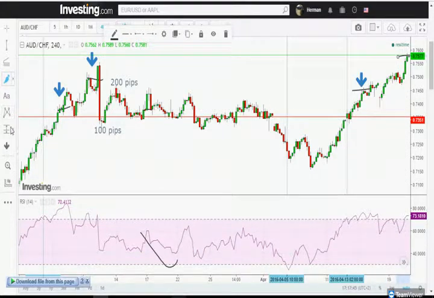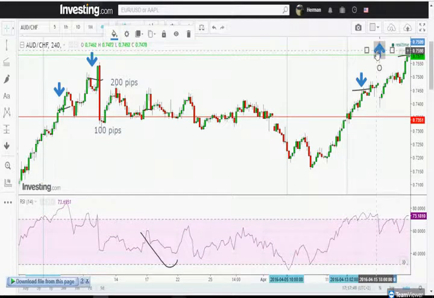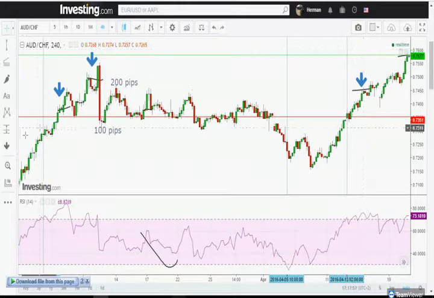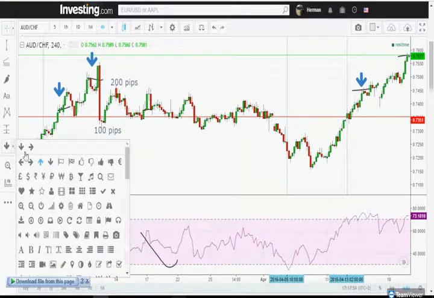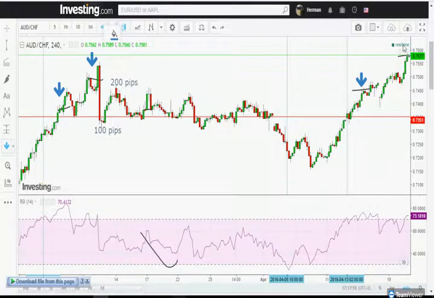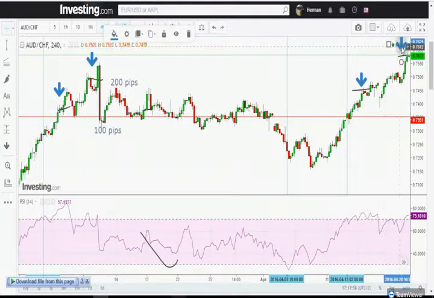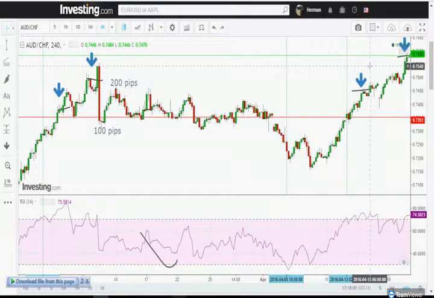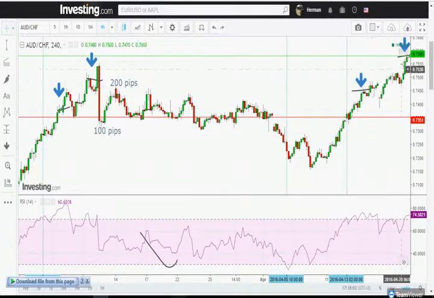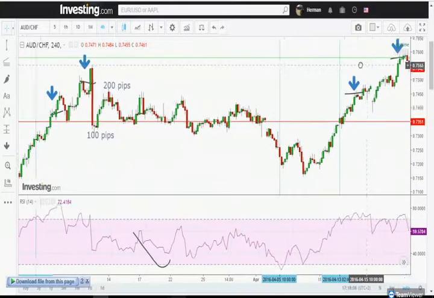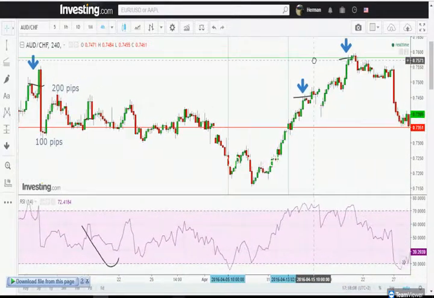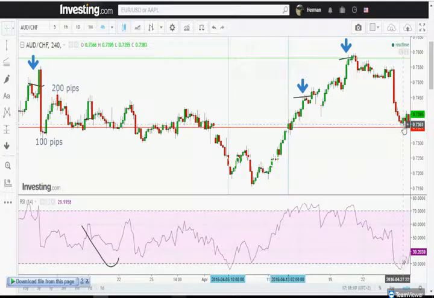We place a second trade here. So now we have got the first trade at a loss of $20. Then we place another trade here. Then immediately after placing that trade, can you see that the market came back to hit our take profit?